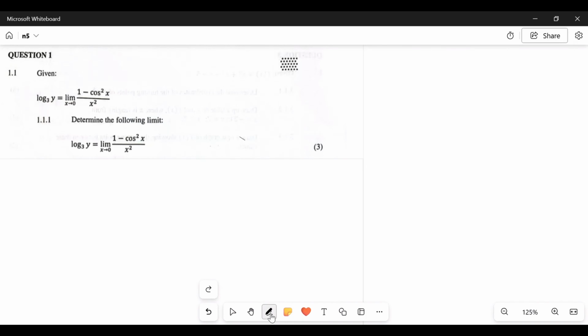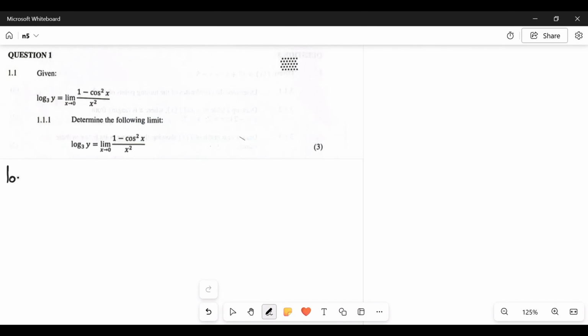Before you use any method to calculate the limit, you first start with direct substitution. Basically what you're doing here is substituting your x with 0, since our x here is approaching 0. So let's do it.